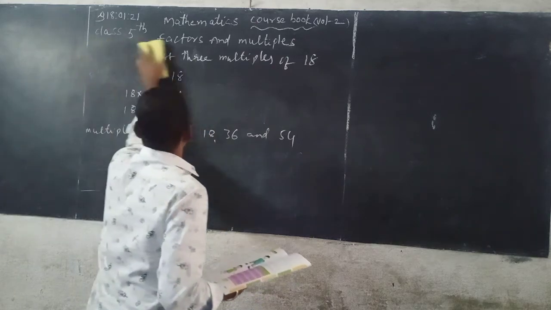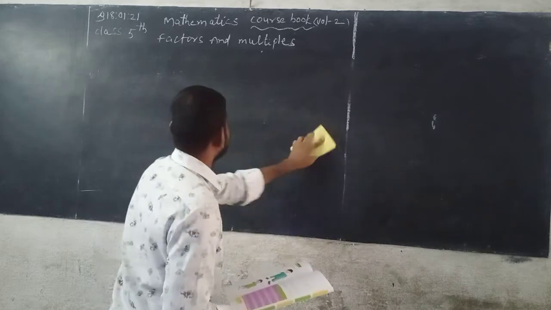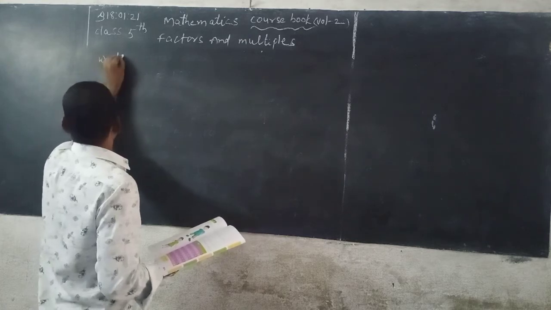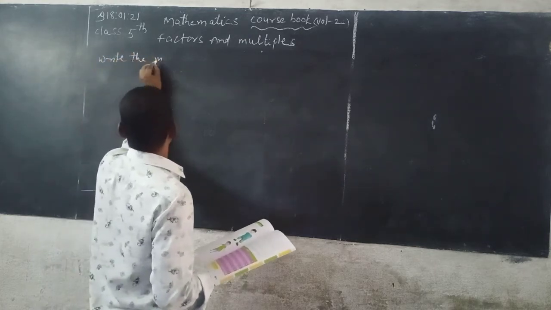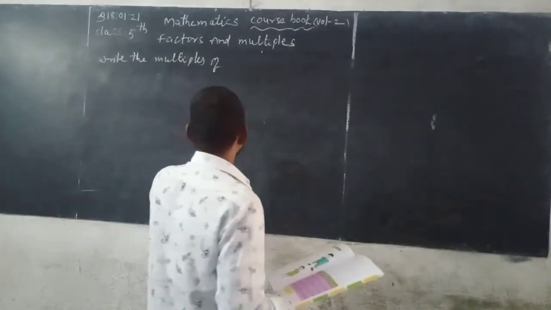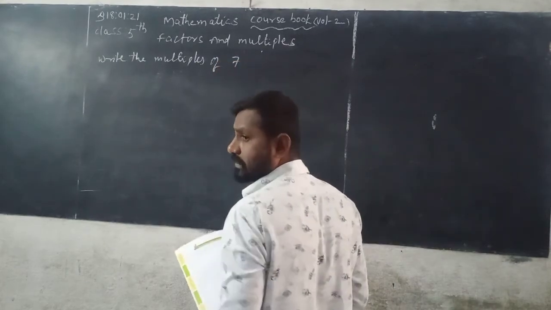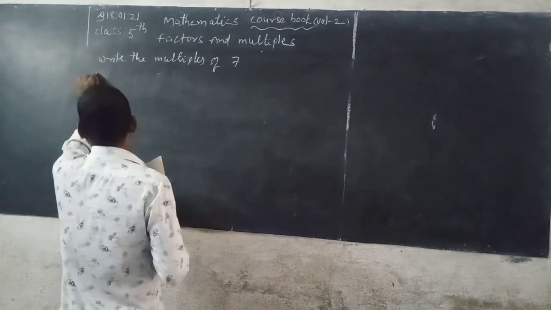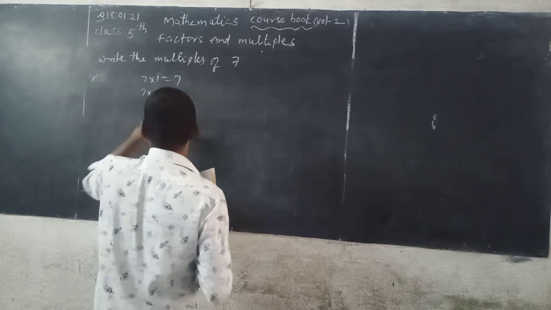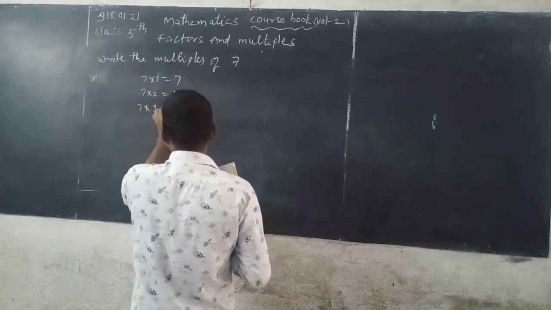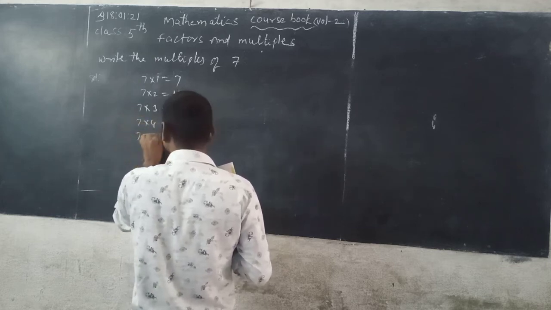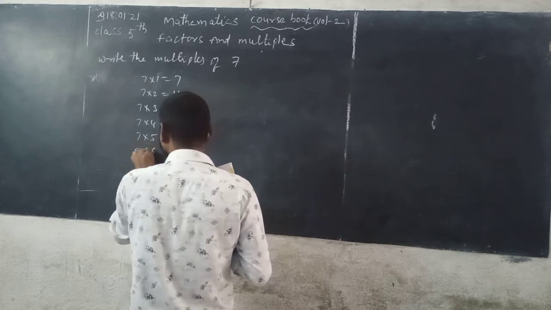Next, write the multiples of 7. See here. 7 1s are 7. 7 2s are 14. 7 3s are 21. 7 4s are 28. 7 5s are 35. 7 6s are 42.